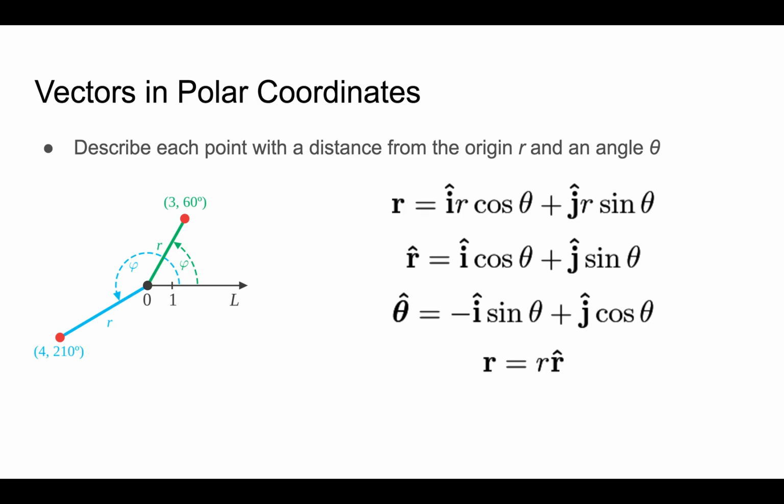The direction that I would push the tip of r hat, if I put my finger underneath the vector r and pushed it upwards, is the direction in which theta hat points, because going in the direction of theta hat means that we're increasing theta, from theta equals 0 to something non-zero.